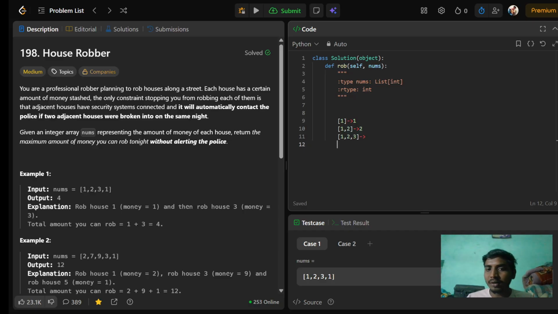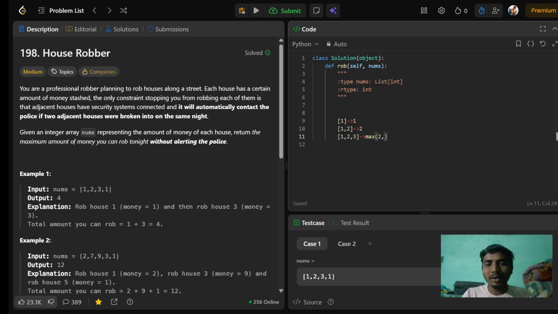We need to find what happens when the robber comes to the third house. Either he can rob the third house or he can ignore it. If the robber robbed the second house, he is not able to rob the third house. At the second house, the maximum amount he can rob is 2.